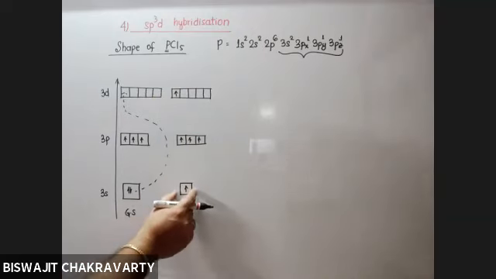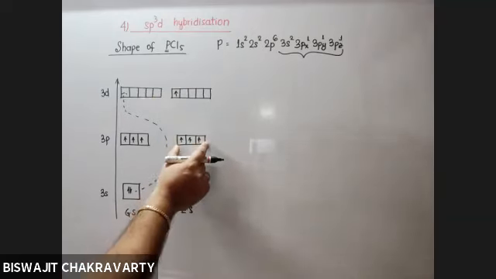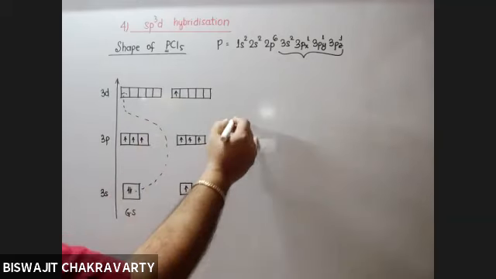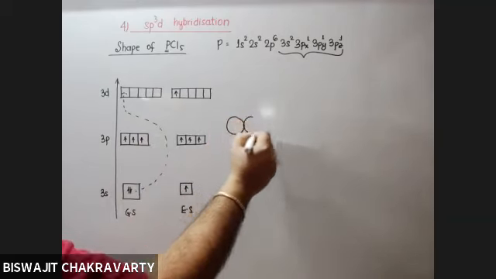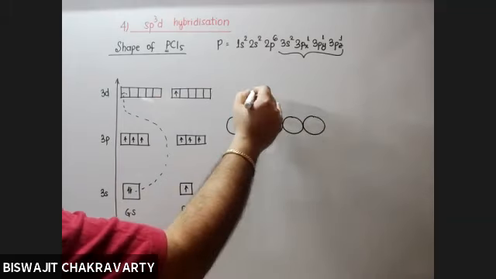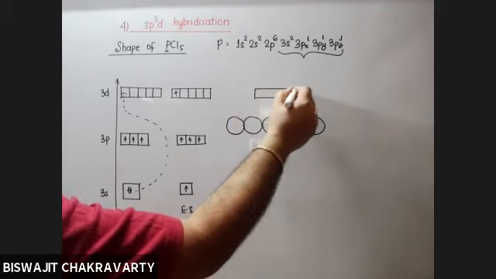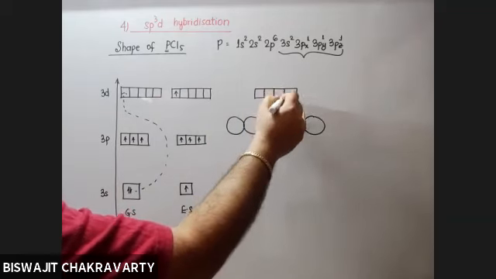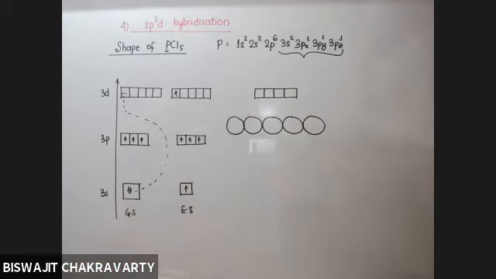So this s, these 3 p and one of the d orbitals will intermix, producing a total of 5 sp3d hybrid orbitals, whereas 4 of the d orbitals will not take part in hybridization.